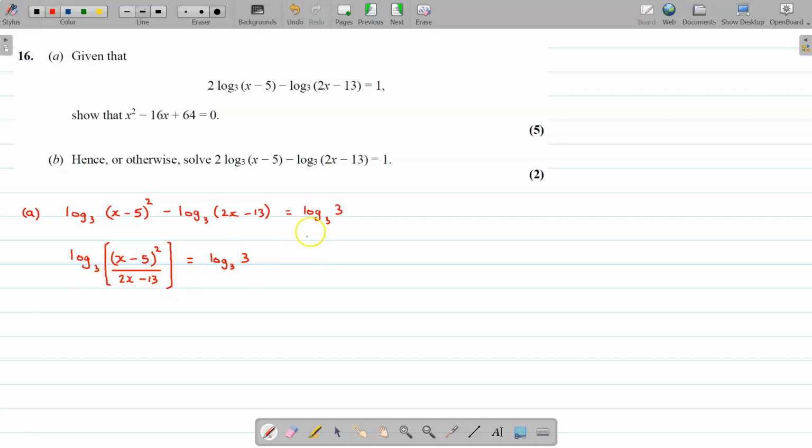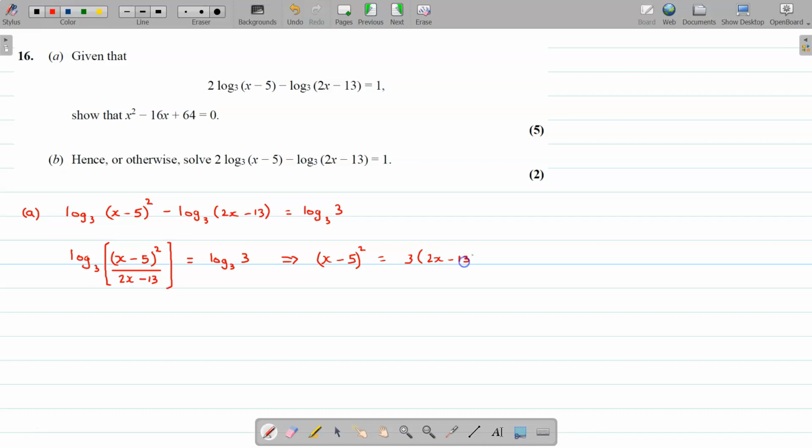Take the logs out and you're simply left with x minus 5 all squared, and I can then go straight on to multiplying both sides by the 2x minus 13, which will give me 3 lots of 2x minus 13.